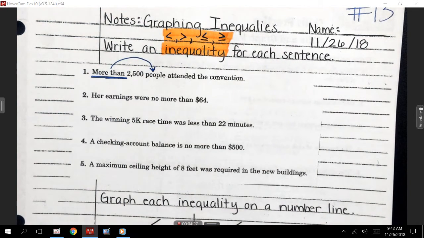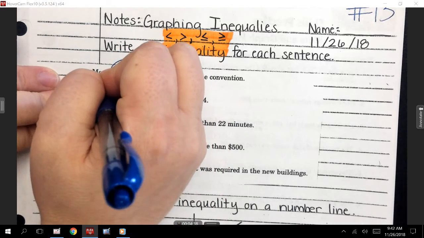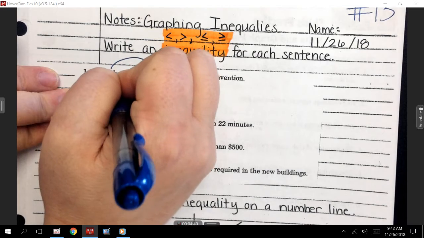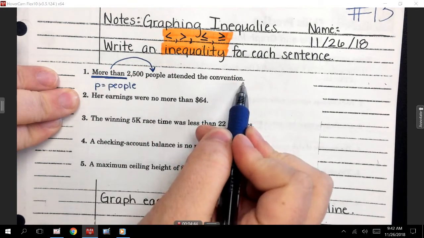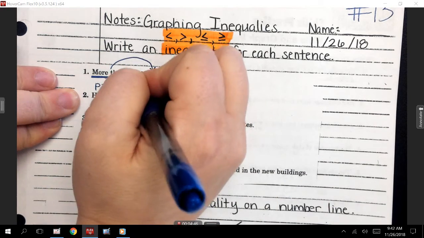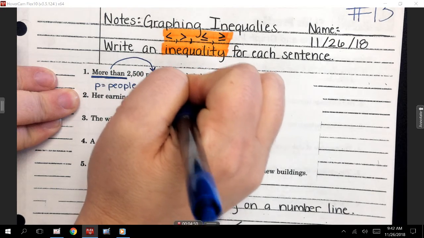Do y'all see how I figured out that people is what we're talking about? If people is what we're talking about, what should my variable be about? Hayden. People. So I'm going to say P is for people. And technically it would be the people at the convention. So if we wanted to add that, people at convention.